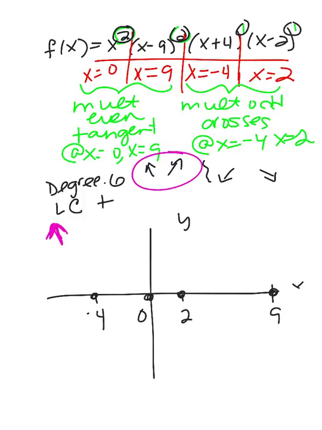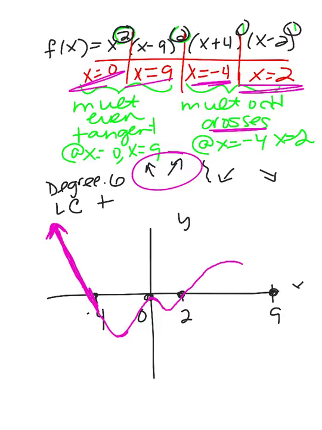When I get to negative 4, it's going to cross at negative 4. It's going to come back up. It's going to be tangent at 0, so it's going to bounce at 0. It's going to cross at 2, so it's going to have to come back up and cross at 2. Come down and be tangent at 9, and that's how I get it to go back up. So I have my ends are up, up.